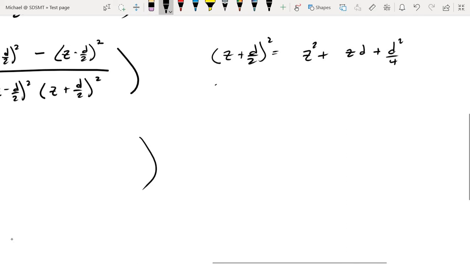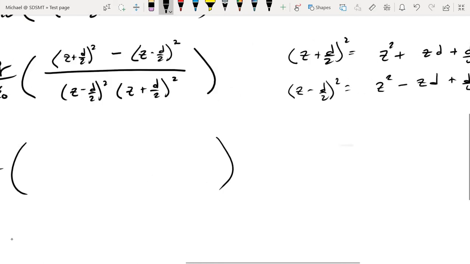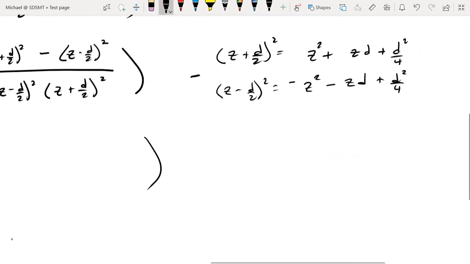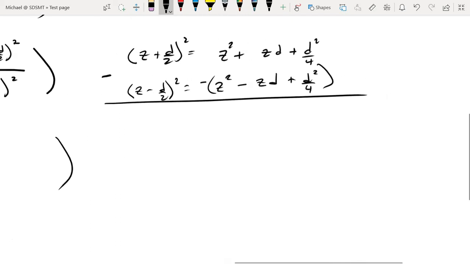And then for the second binomial, we would just get the opposite in the middle term. We would still have z squared, but then we're going to have a minus zd plus d squared over 4. And these two terms have to be subtracted from each other. So let's go ahead and subtract the bottom from the top.